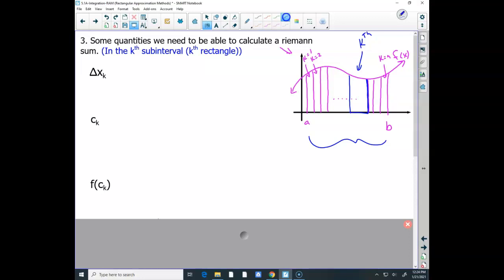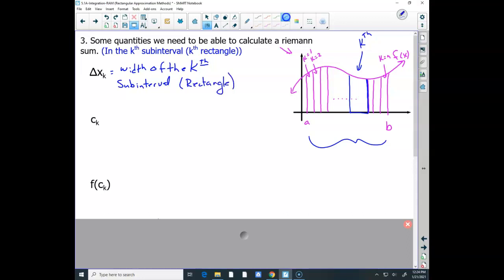In order to find the area, we need length times width. Well, delta x sub k is going to be the width of the kth subinterval, or better known as the kth rectangle.